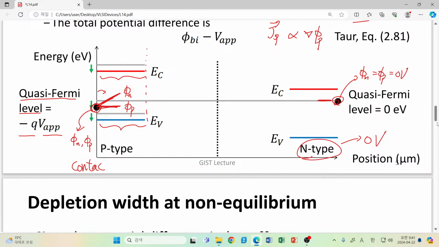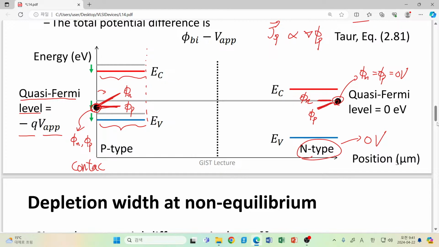However, if we go deep into this n-type region, the electron quasi-Fermi potential does not change much, but your hole quasi-Fermi potential changes considerably in this n-type region. Simply speaking, only the minority carrier Fermi potential changes at some point, so we will discuss it later. But anyway, we must understand this situation.